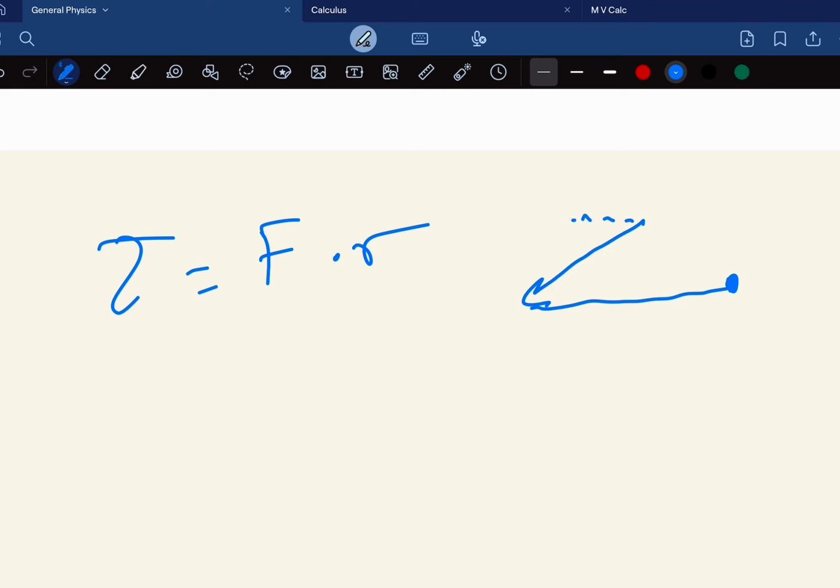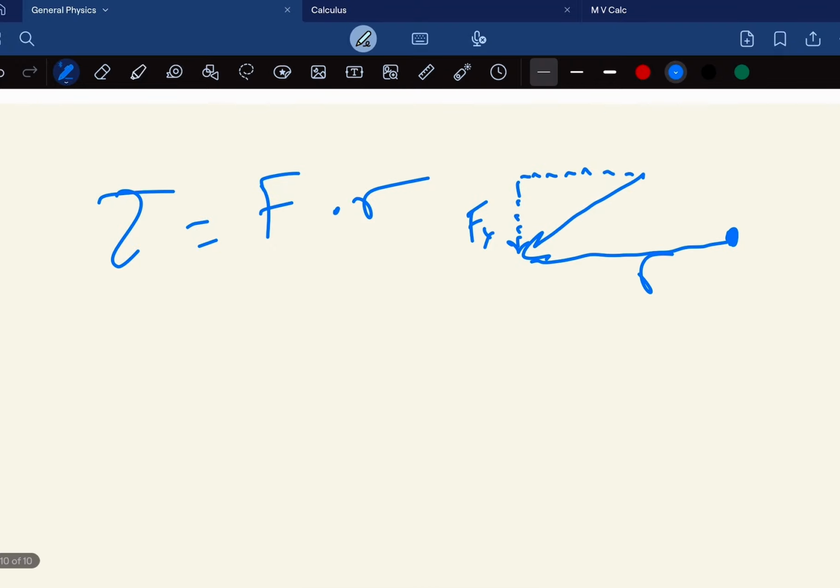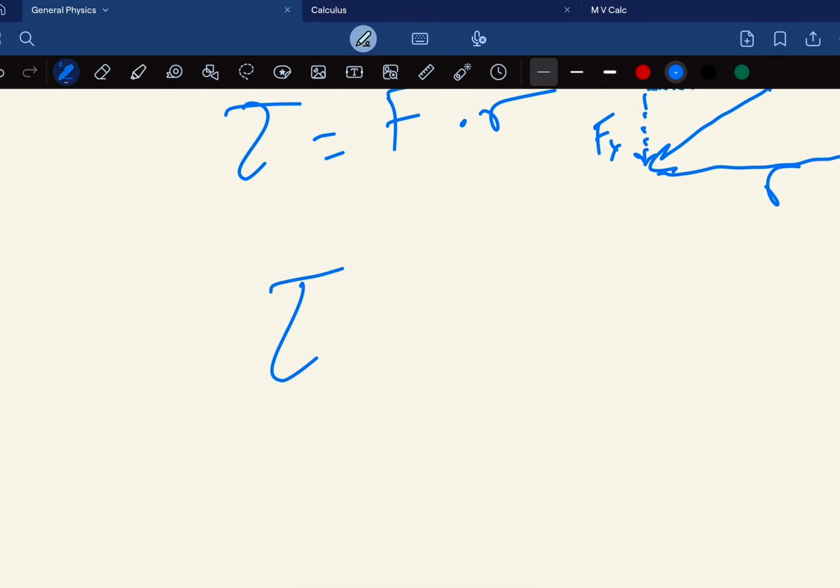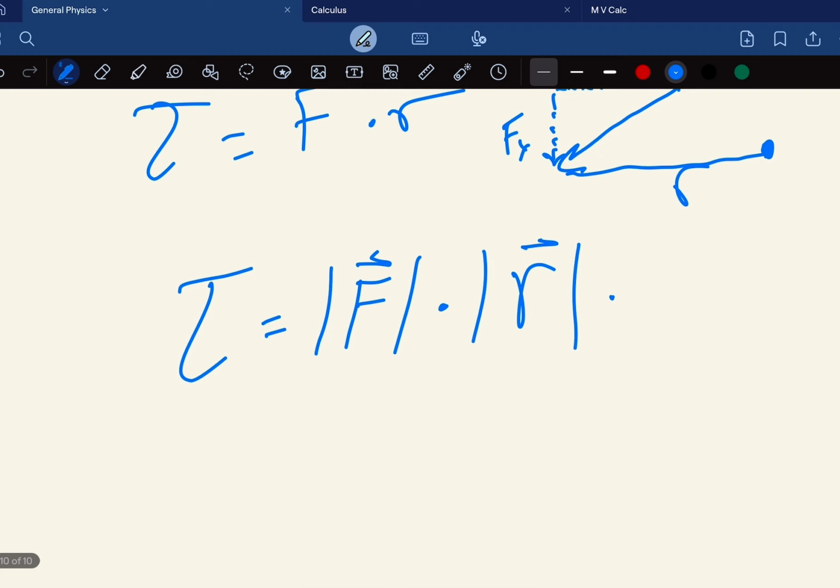Then we would just want the vertical component of this force, so Fy in this case, and this is R. So you get T is equal to the magnitude of the vector F times the magnitude of the vector R times sine of theta.